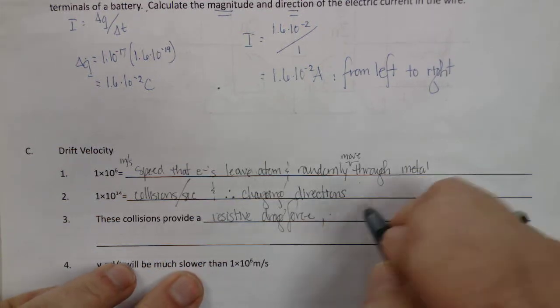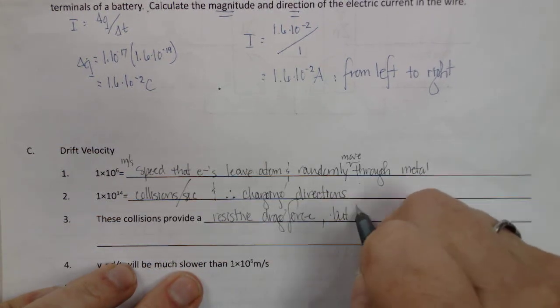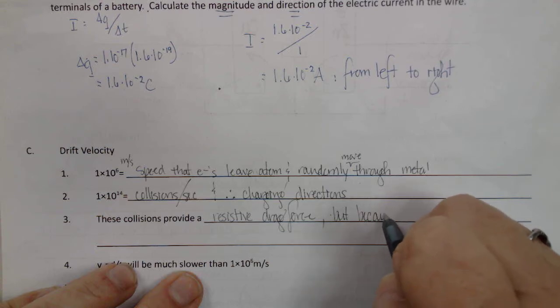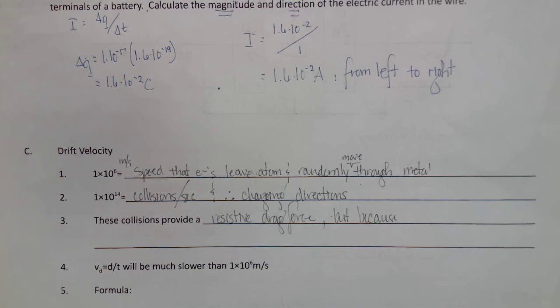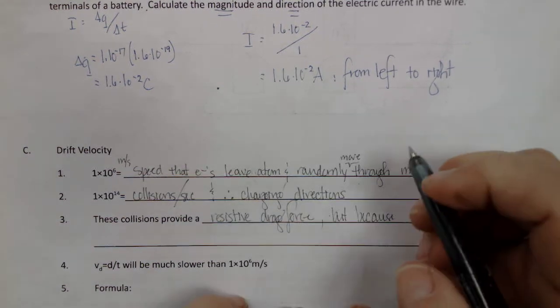But because of the electric field, there's something holding them back, but then there's also something drawing them in the direction of the positive terminal, and that is the electric field between the terminals.